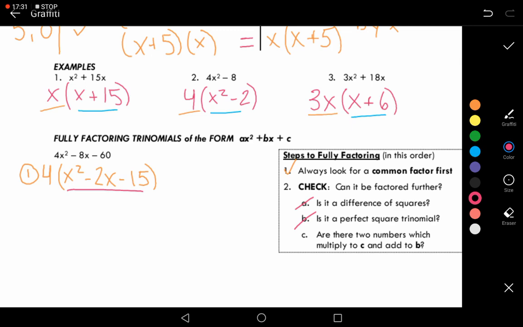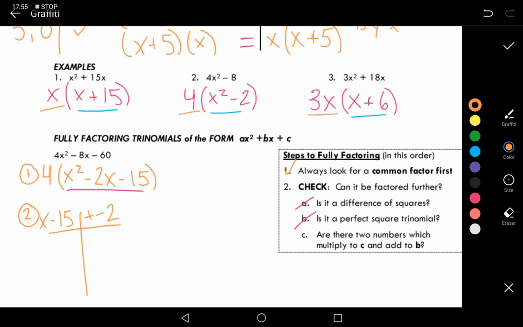Are there two numbers that will multiply to C and add to give us B? Maybe there is. We are going to try. I'm going to create my chart. I know that my two numbers need to multiply to give me negative 15 and add to give me negative 2.